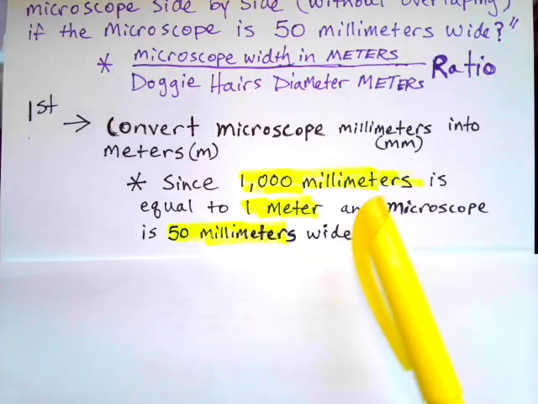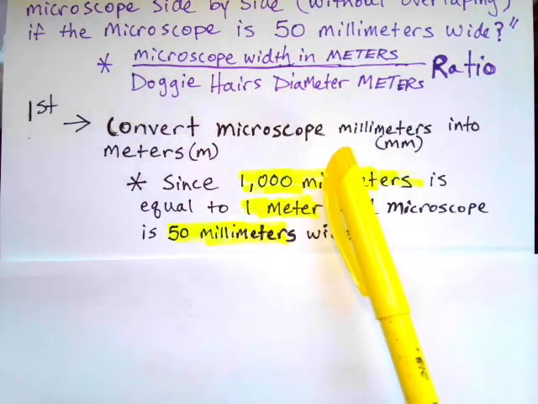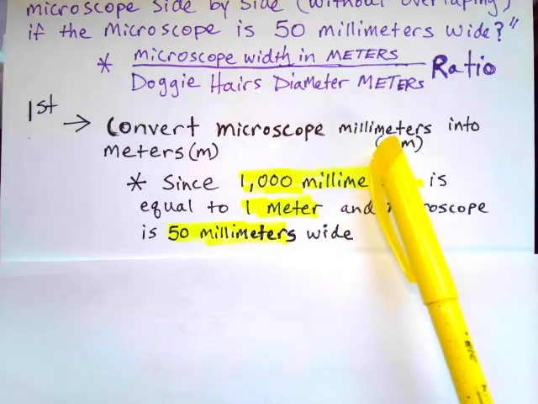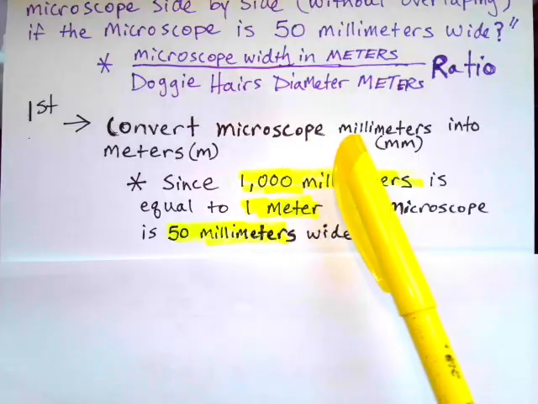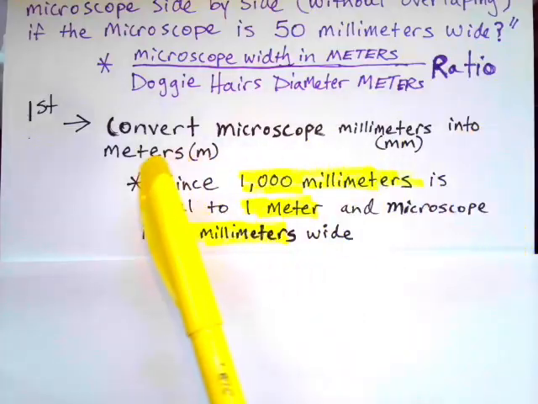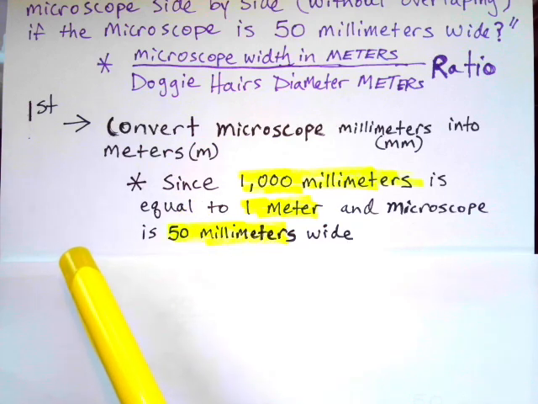All right, so let's go ahead and do the conversion. I want to convert the microscope millimeters into meters. And I believe you're given a conversion document for this exam.